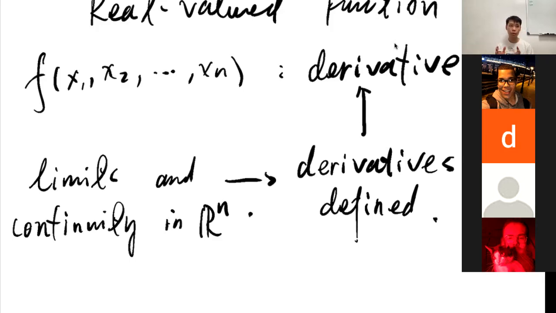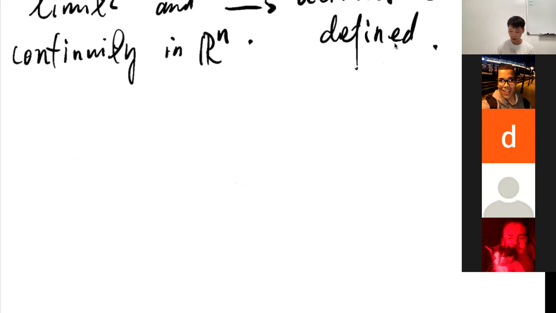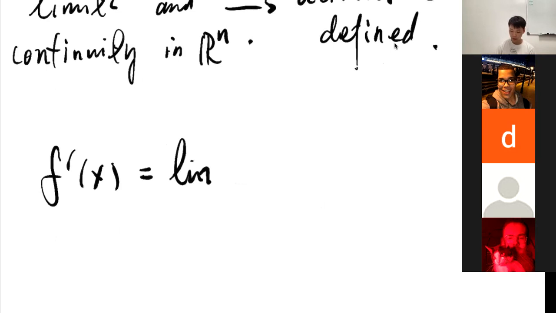So similar to Cal 1, you start with limits, and then you talk about the derivatives by talking about whether or not the limit makes sense. So in Cal 1, the derivative makes sense if this limit makes sense.